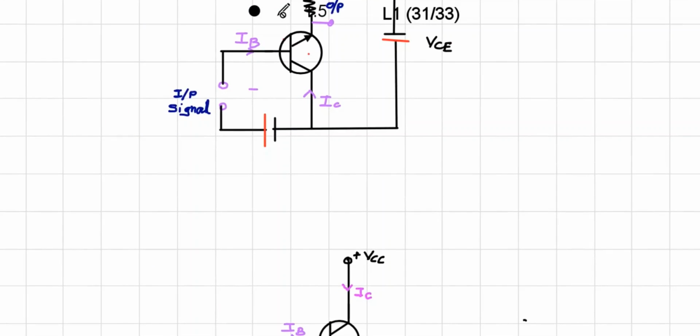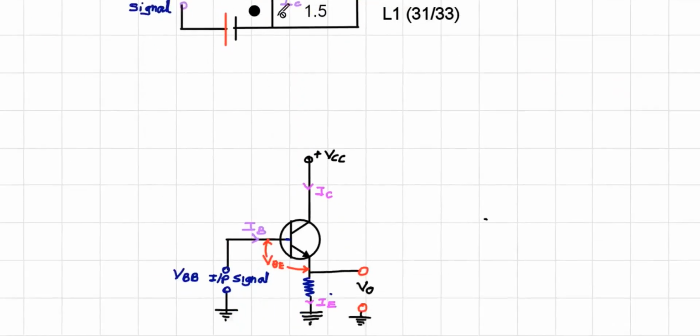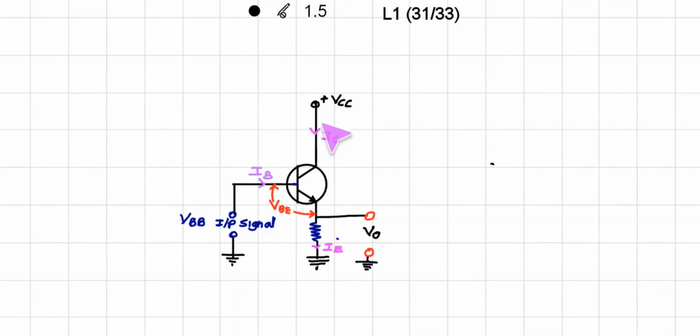Look carefully: output is taken across the resistance connected to the emitter, which is connected to ground, whereas the collector is connected to the positive terminal, which we call VCC. So the collector is connected to VCC, the emitter is connected to the emitter resistance and ground, and output is taken across the emitter. This is the basic structure of the common collector configuration.